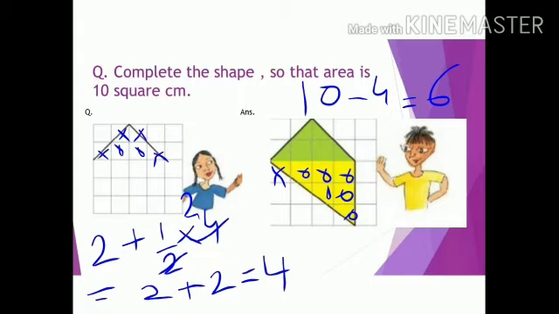So when we find the area: 2 plus 4 into 1 by 2, because 4 squares are half. So 2 plus 2 is equal to 4. So area of this incomplete shape will be 4 square units. And we want the area of 10 square centimeter. So already we have 4 square units. If we subtract 4 from 10, we get that we need 6 square units more.